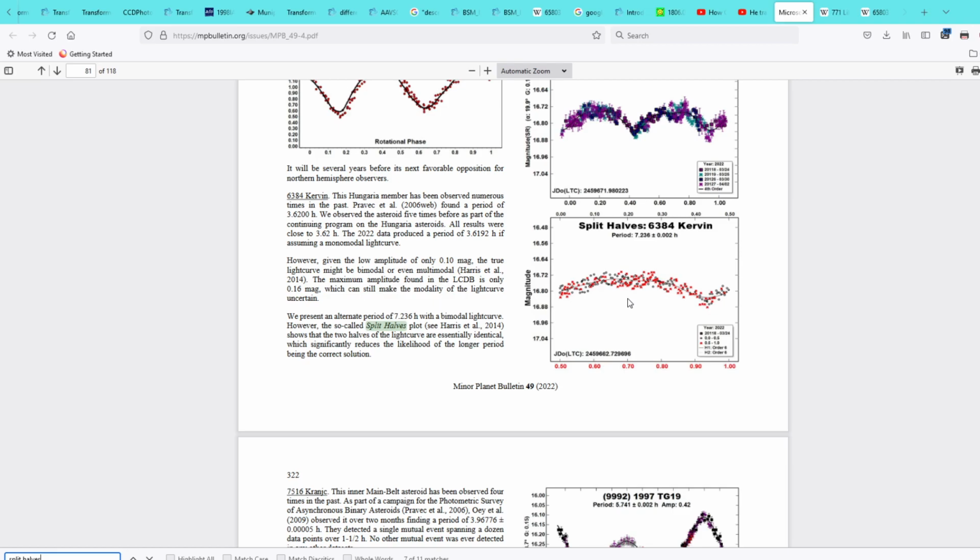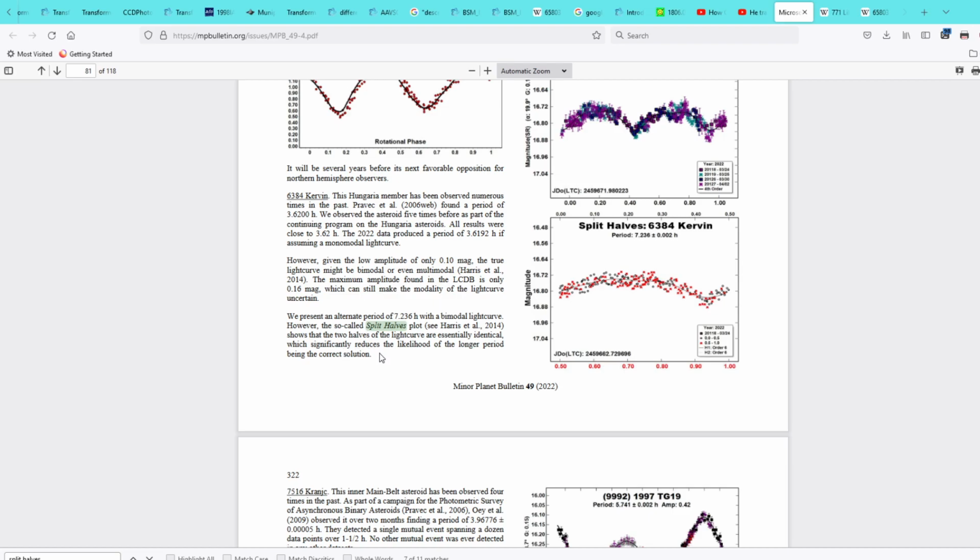And if it is a repetition, then we can say that the bimodal solution is not likely to be correct. In other words, as they say here, the so-called split halves plot shows that the two halves are symmetric, identical, which significantly reduces the likelihood of the longer period being the correct solution.